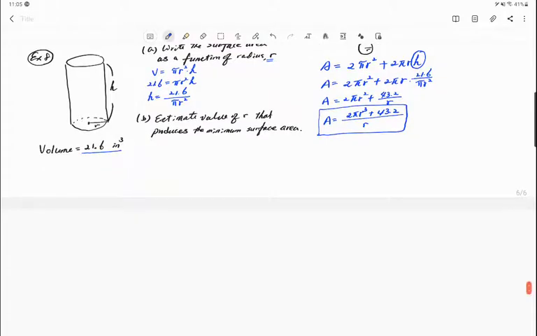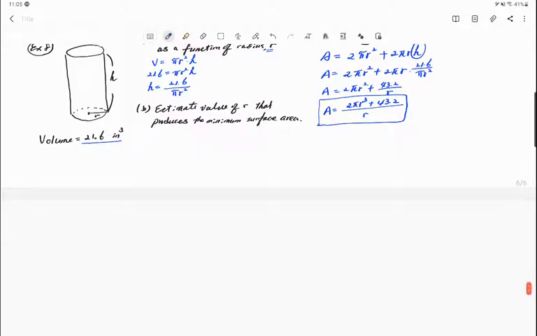All right. Then the letter B: estimate the value of r so that it will produce the minimum surface area. So what is the graph of this one? In this case, use a graphing calculator. And then graph it.